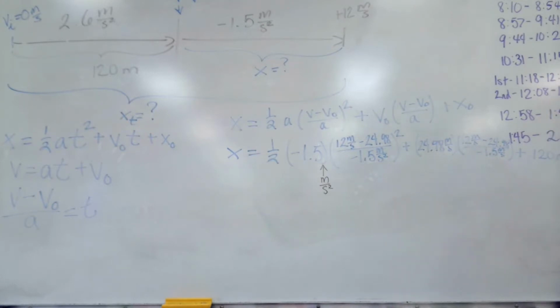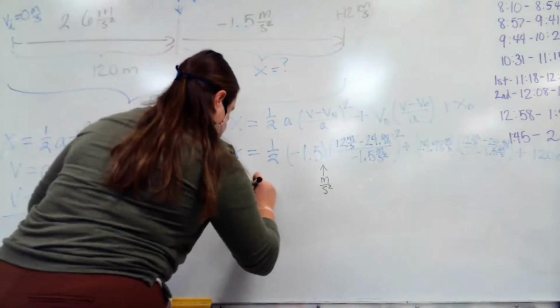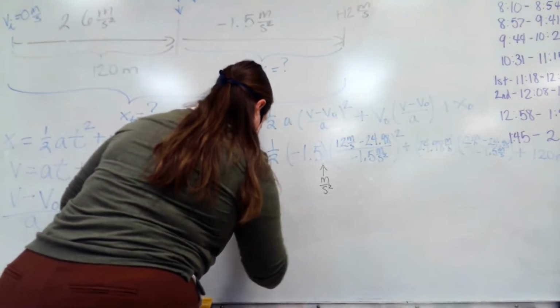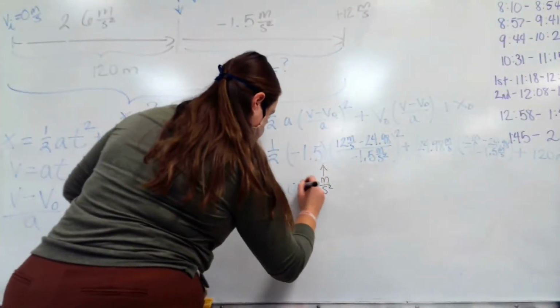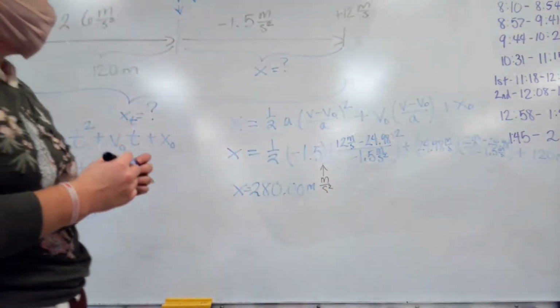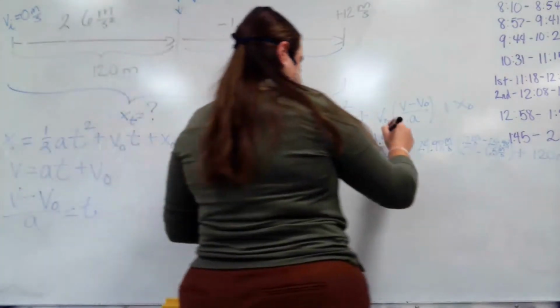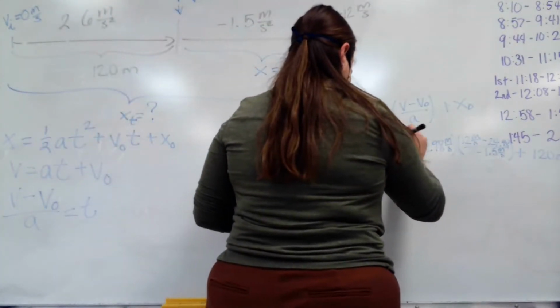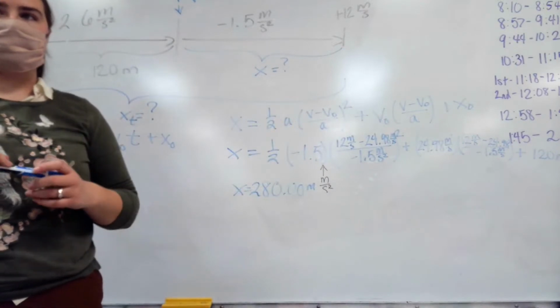So, all right, once we put all the numbers in, and if we actually look at all of our units, we would actually find that we would get meters out from this equation.